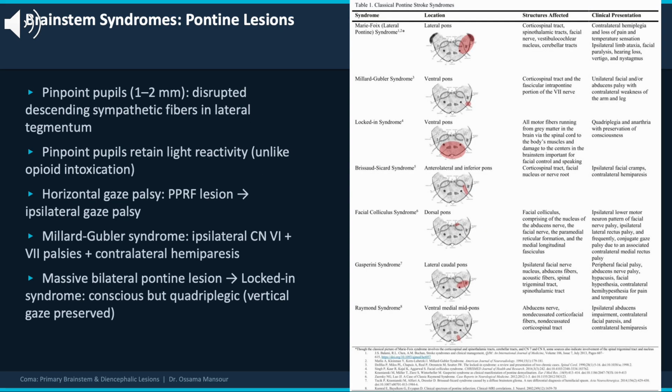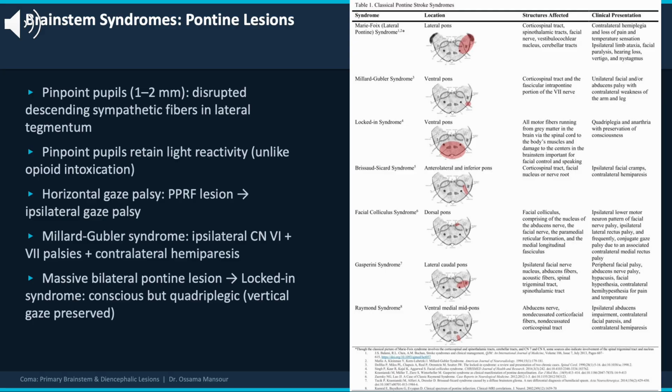Pontine lesions produce a distinct clinical syndrome that differs importantly from midbrain lesions. The pons is the largest segment of the brainstem and contains multiple critical structures. Pupillary findings with pontine lesions are characteristically pinpoint, typically 1 to 2 millimeters, due to disruption of the descending sympathetic fibers that traverse the lateral tegmentum of the pons.